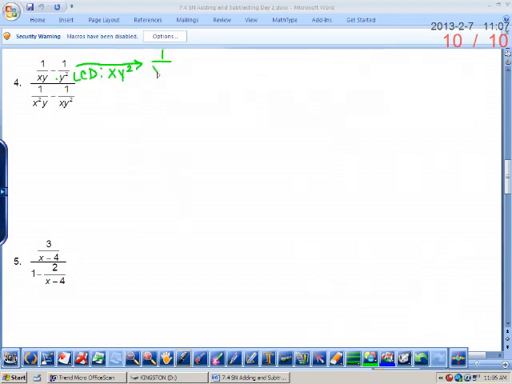So I have 1 over xy minus 1 over y squared. What do I need to multiply xy by? Y. And what do I need to multiply y squared by?